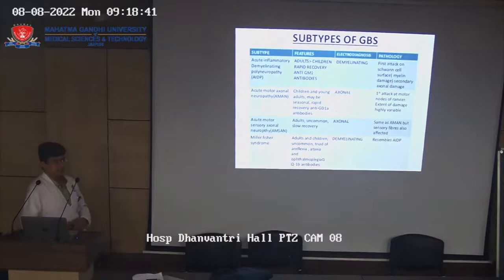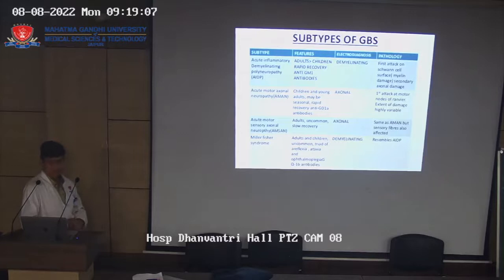There are certain subtypes of GBS. At present, we are talking only about the classical form of GBS, which is known as AIDP, that is acute inflammatory demyelinating polyneuropathy. But there are certain other variants of GBS also, like acute motor axonal neuropathy, acute motor sensory axonal neuropathy, and Miller-Fisher syndrome.